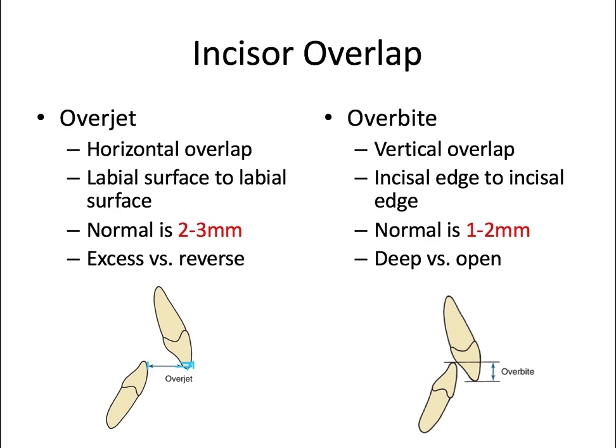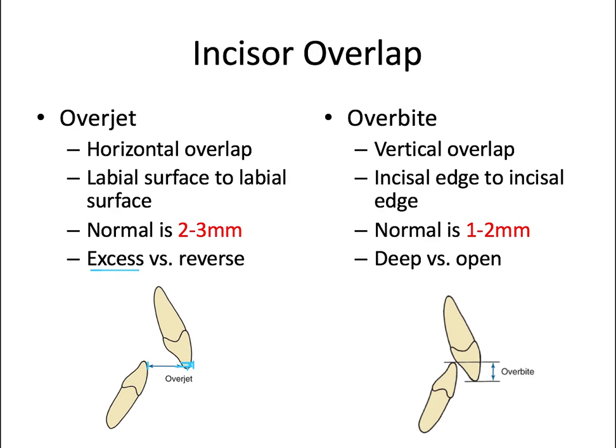So this image is, of course, depicting an excess overjet. Class 2 incisors, particularly what we would expect in a subdivision 1 malocclusion. The opposite of that is called reverse overjet, where the lower incisors are actually out in front of the upper incisors, and that would be a class 3 incisor relationship. Excess is much more prevalent than reverse.